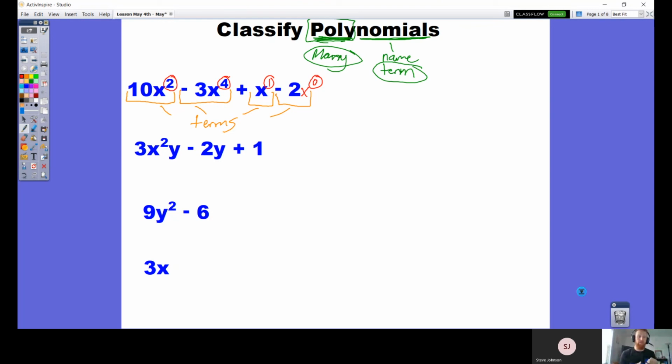So we got a 2, we got a 4. I had to write the 1 in there on that x. And if we look at the last one, which is a constant, it technically could still have a degree. The degree here with the constant, if you throw a variable in there, would be 0, because anything to the 0 power is 1, and that's why nothing's changing here. So 2, 4, 1, and 0, those would be the degrees of each term.